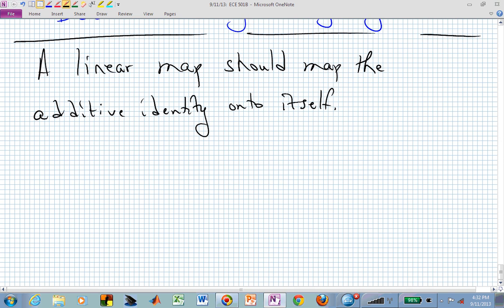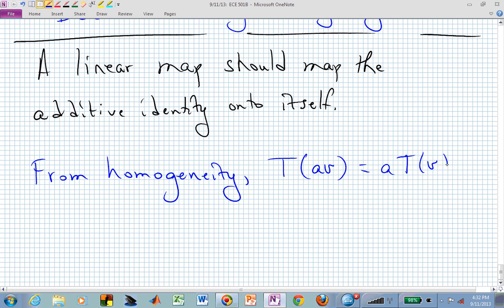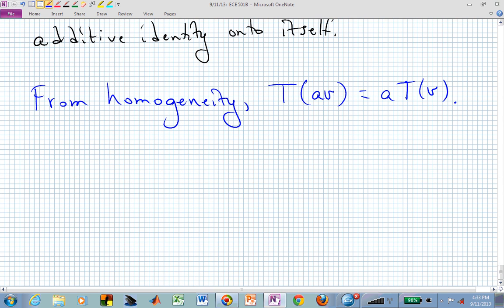And what we're going to do here is use a couple of ideas that we've already been discussing. From homogeneity, what do we know has to be true? If I operate on AV, what's that supposed to be? A times T of V, right? If it's a linear operator or a linear map. And we also are going to use several times, we're going to apply proposition 1-4, and I'm guessing everyone has that memorized.